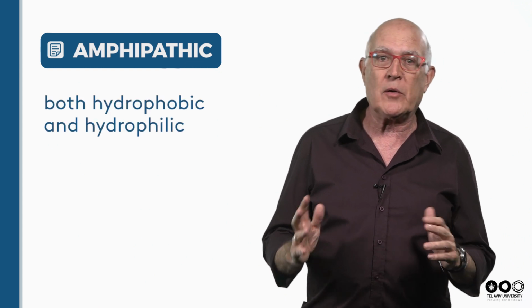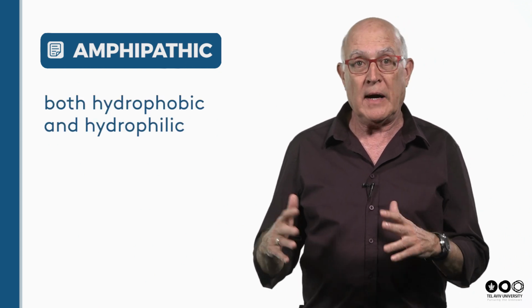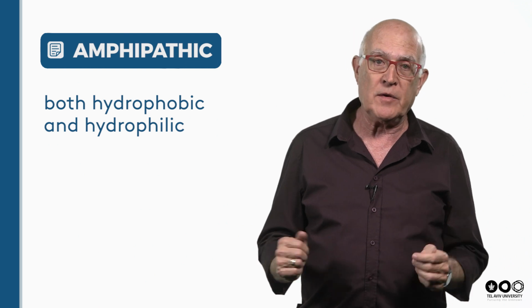These substances are amphipathic, meaning they have both characteristics. They are both hydrophobic and hydrophilic. Soap or detergents are, for example, amphipathic. Let's see what hydrophilicity and hydrophobicity look like in the real world.